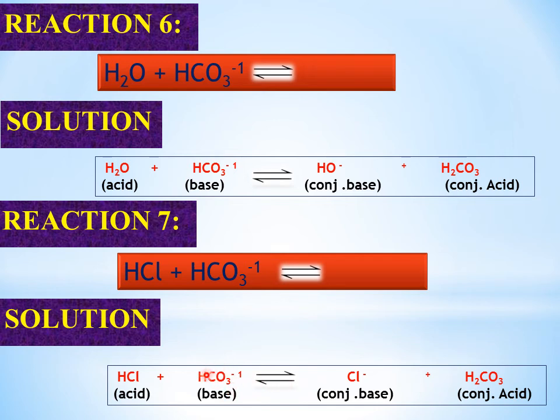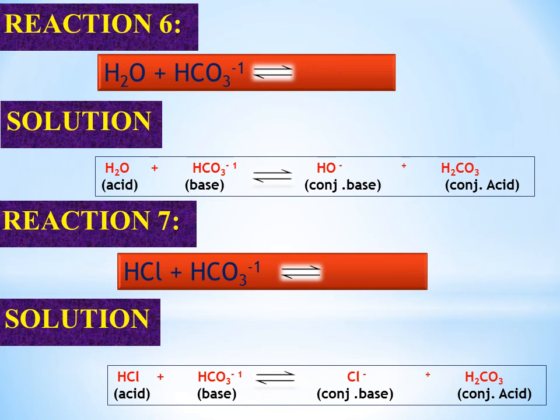When this bicarbonate ion accepts this proton, because it already has a negative charge, it will form carbonic acid or H2CO3, and this will act as the conjugate acid of this corresponding base. And the left one is the chloride ion, which will act as the conjugate base of this corresponding acid, hydrochloric acid. So that was all about the conjugate acid and bases of all of these reactions.